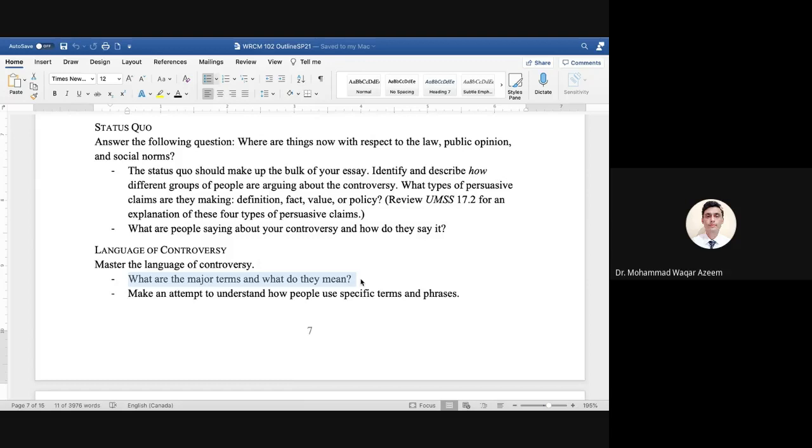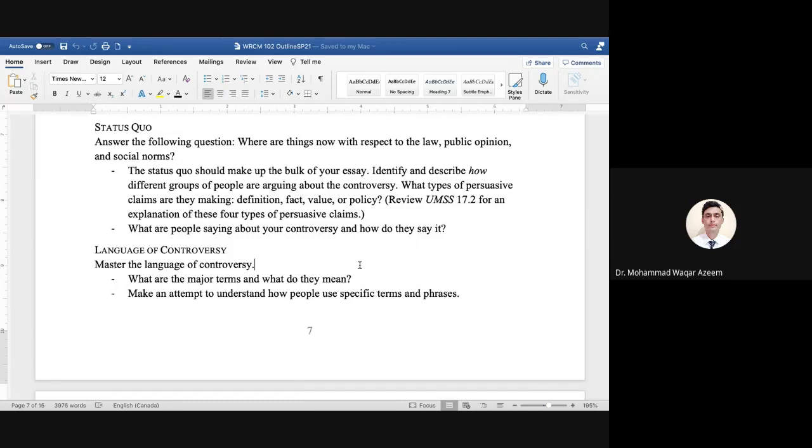So when you reach this part of your essay, basically you can start describing what are the major issues related to that particular controversy, and in those major issues you will naturally be covering the relevant vocabulary.